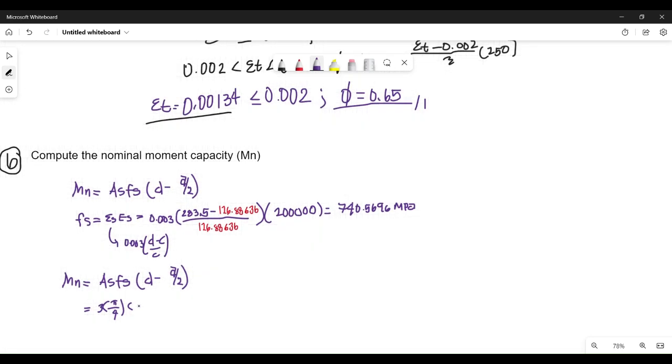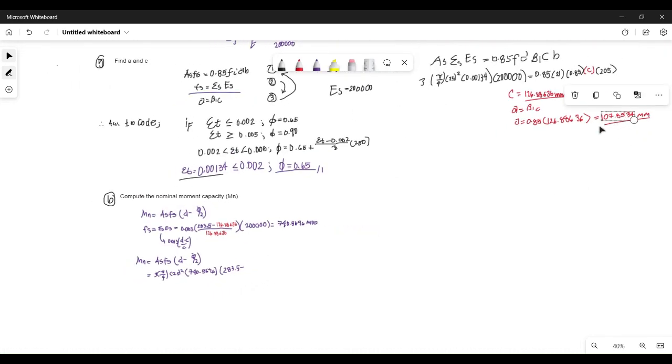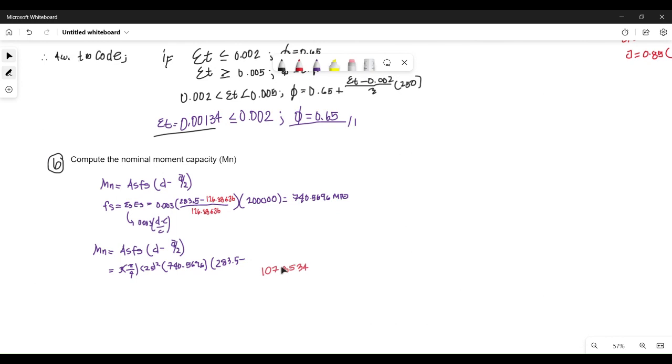So 25 squared times your Fs, which is equal to 740.5696, times your effective depth of 283.5 minus your A. Your A is 107.8534. Okay, times, this all over 2.